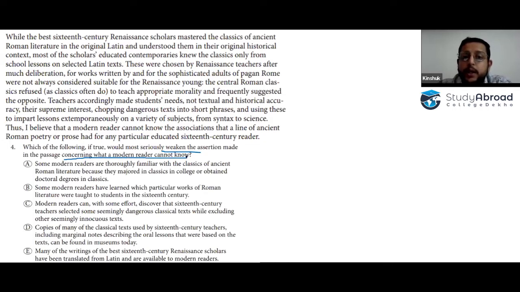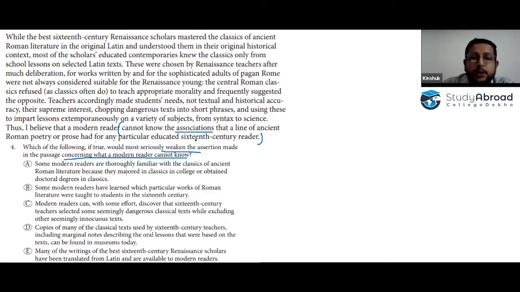So according to the passage, you have to first find out what a modern reader cannot know. Now if we pay attention, in the last part, the author tells us that he believes that a modern reader cannot know the associations that a line of ancient Roman poetry or prose had for any particular educated 16th century reader. So this is what the reader will not know, right?